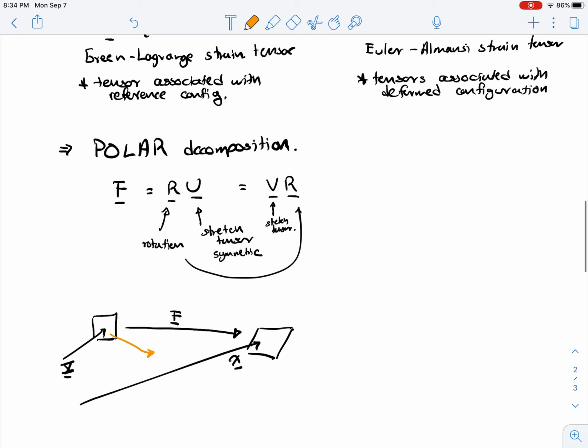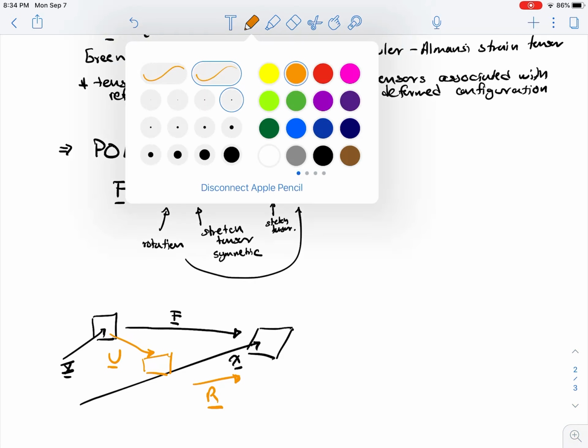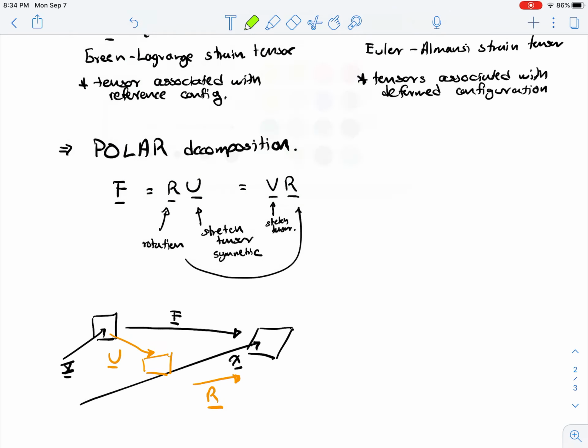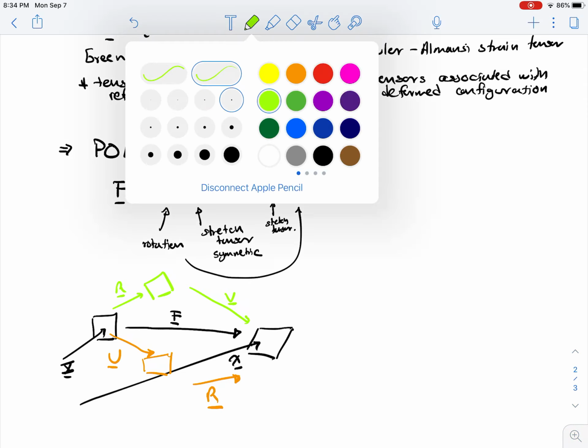One way of getting there would be to first stretch this square that we have right here, and then rotate it. So that would be like this. Or the opposite way would be to first rotate this and then stretch it.